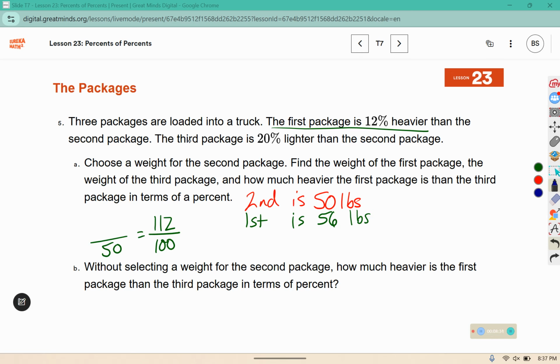Then it says the third package is 20% lighter than the second. So if you're 20% lighter, you would remove 20%, leaving us with 80%. Cross multiply and divide here. 50 times 80 divided by 100 is 40.